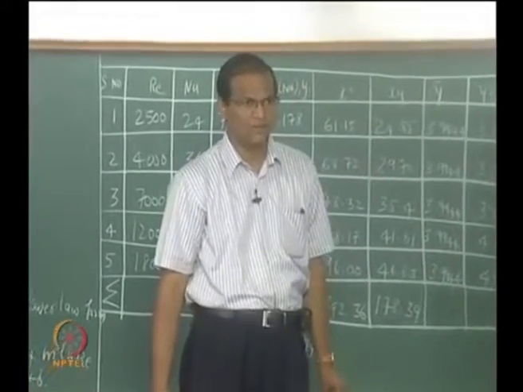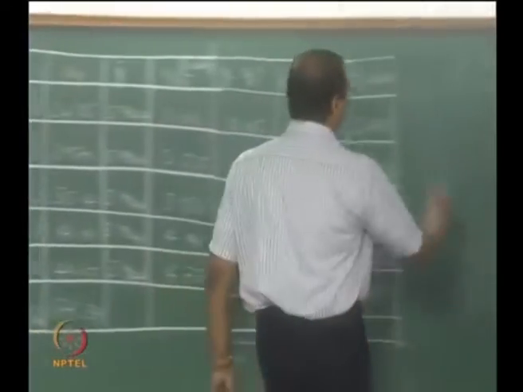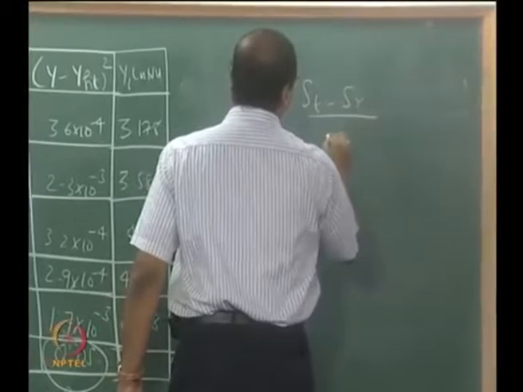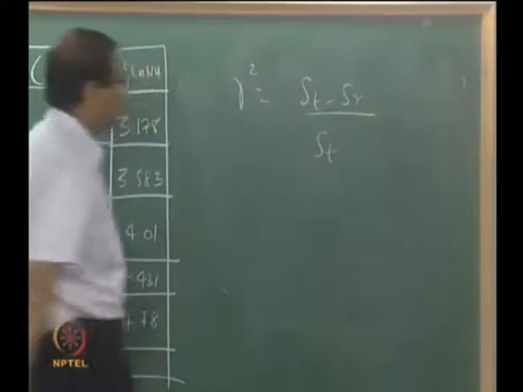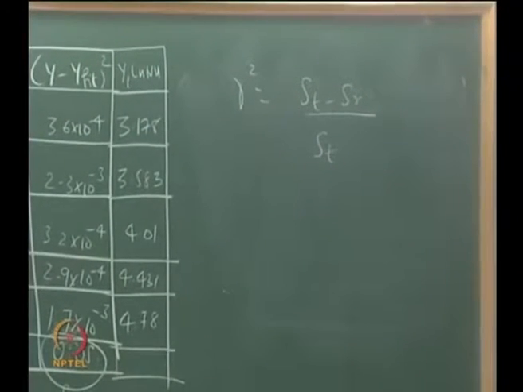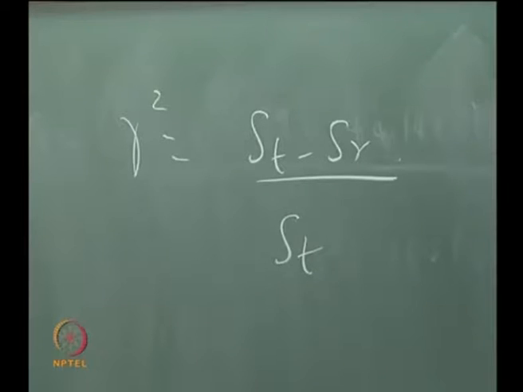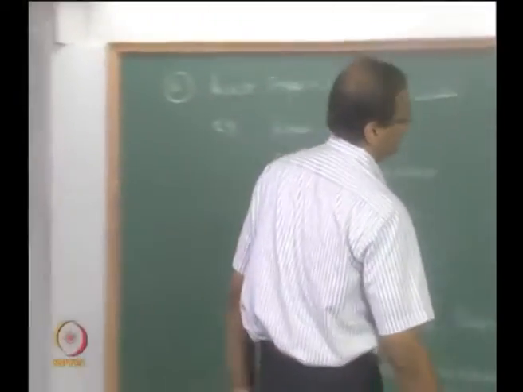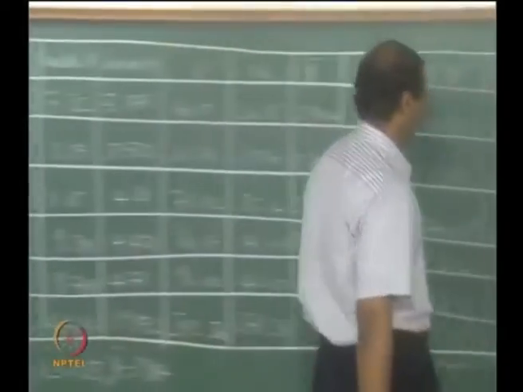Okay. Now I can introduce a term called R squared equal to ST minus SR divided by ST. Calculate that.